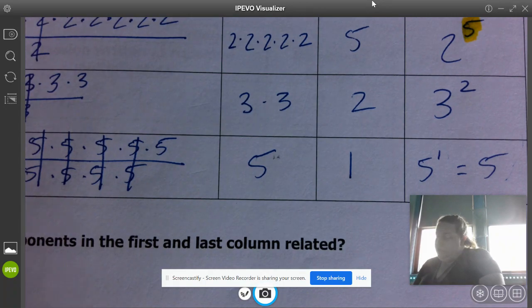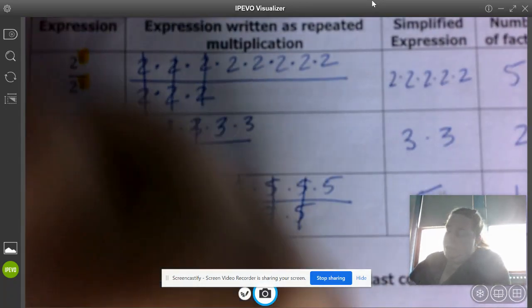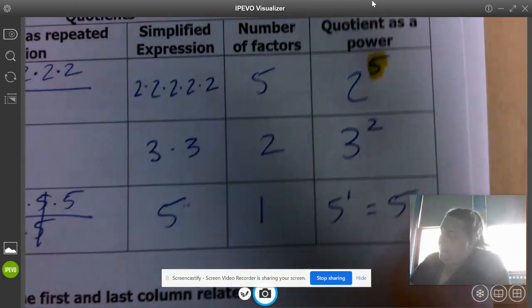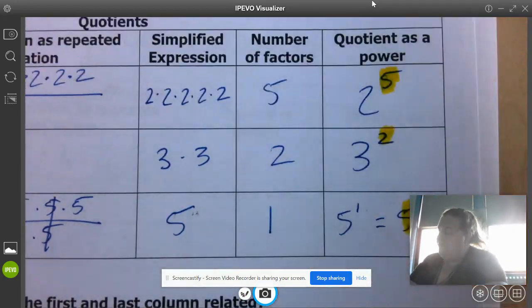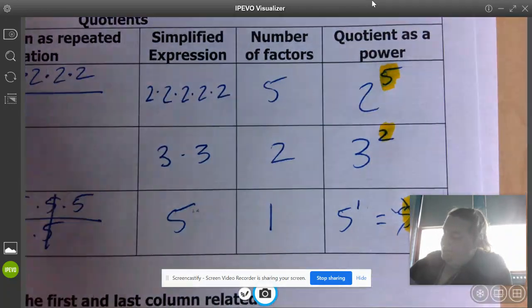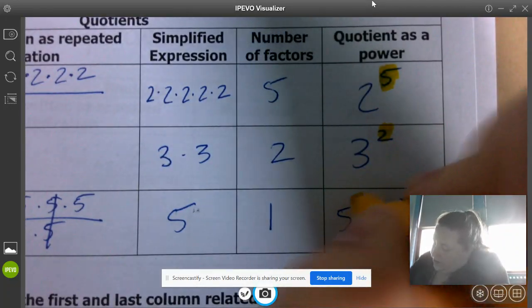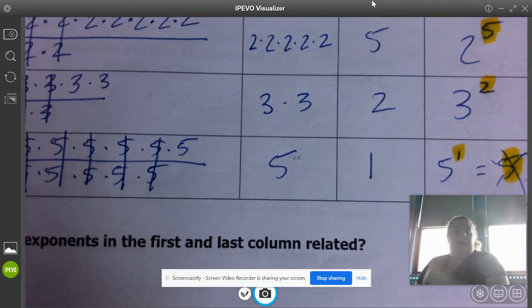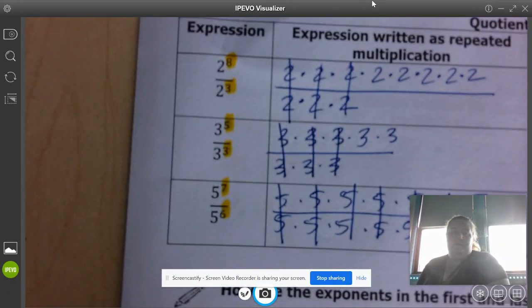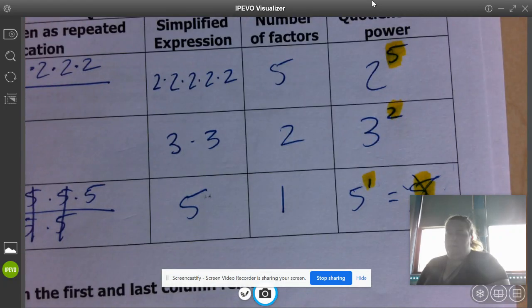So going back to the original expressions, I'm just highlighting these exponents, and then coming to the last column. Oh, whoops, sorry, I highlighted the wrong thing. Highlighting the exponent, I apologize. All right, so what's the connection between these first column exponents and last column?